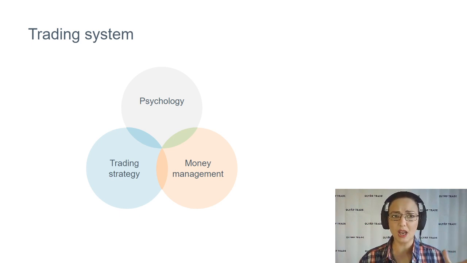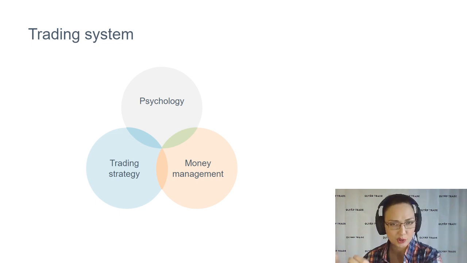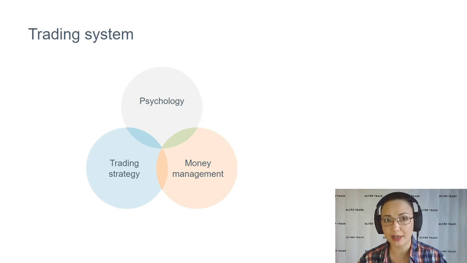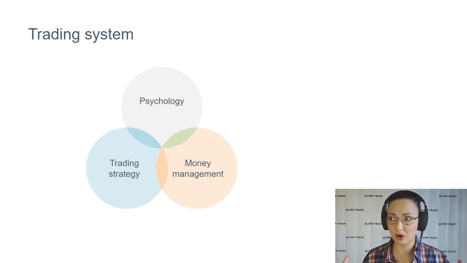However, regardless of the different parameters that we choose for our trading system, there are certain things that we have to consider when we're making our trading system for it to be complete. So the first, of course, was the 3 components: our psychology, our trading strategy, which is our trading algorithm, and money management.